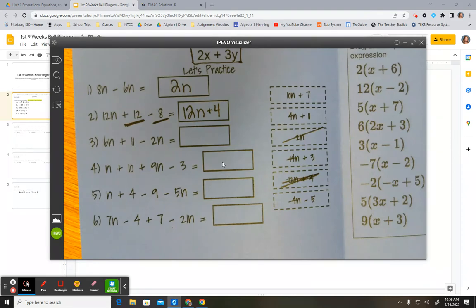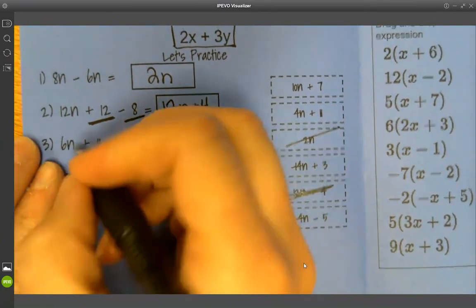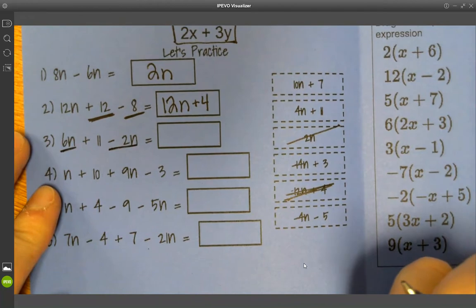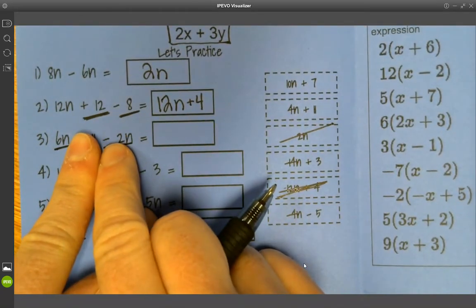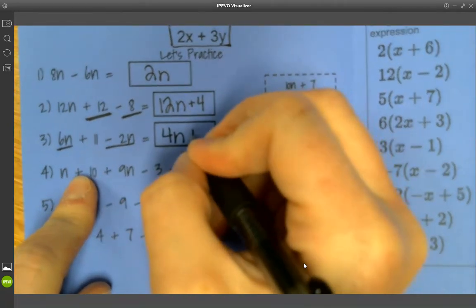Okay, so let's see how you did on it. So this next one we have 6n minus 2n, because you just ignore the plus 11. This 2n has a negative attached to it, so it's 4n plus 11.